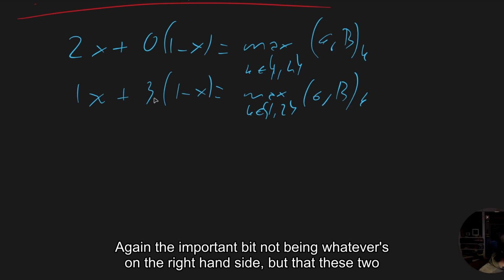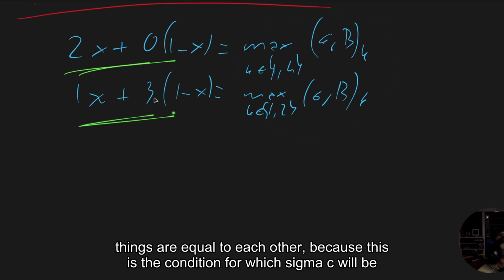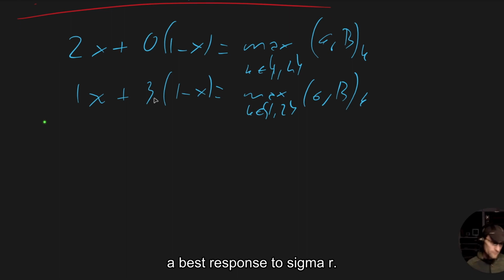Again, the important bit is not whatever's on the right-hand side, but that these two things are equal to each other, because this is the condition for which sigma_c will be a best response to sigma_r.